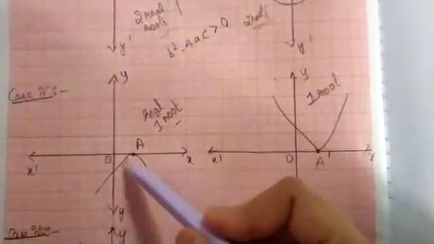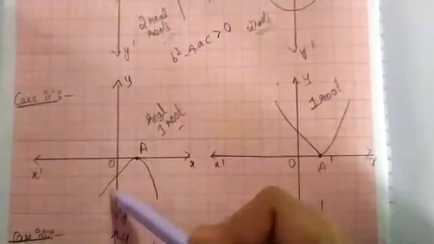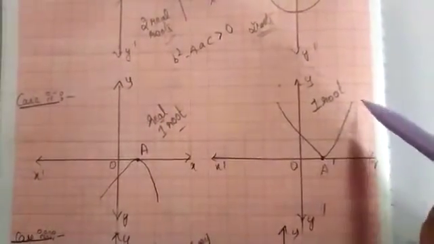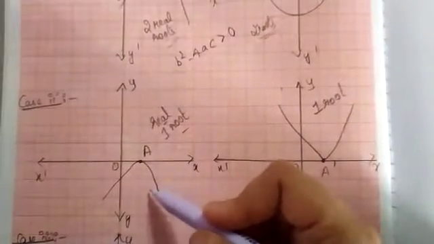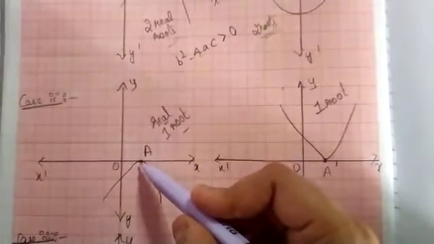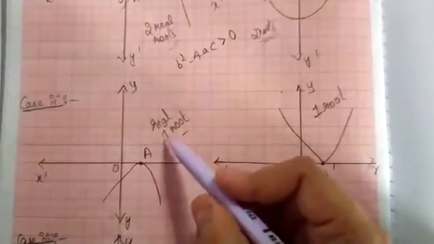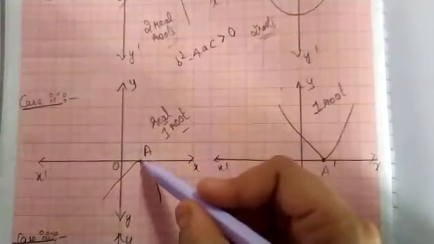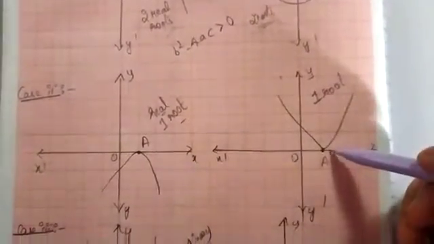You can observe here the curve is a parabola opening down, and here a parabola opening up. These 2 curves meet the x-axis at the roots of the given quadratic equation. It has 1 root here, and here also 1 root.